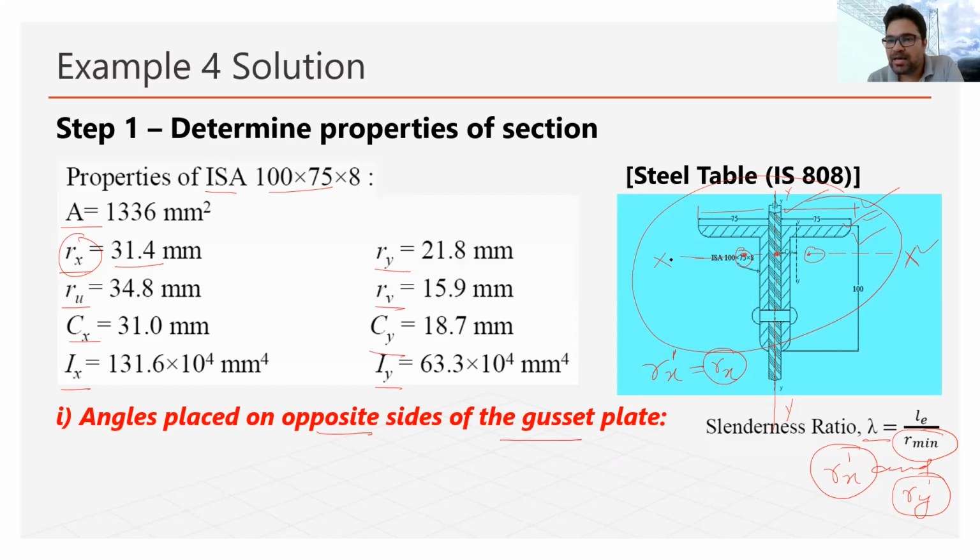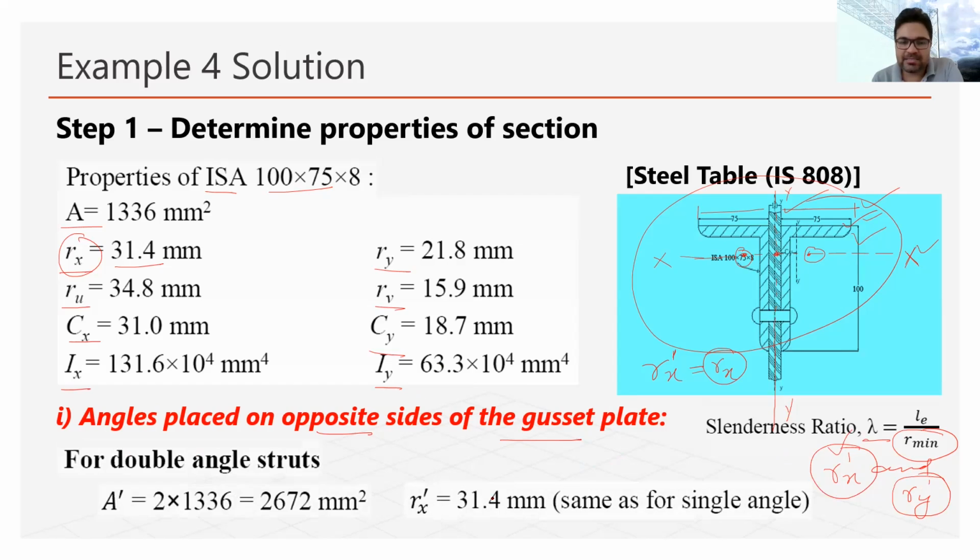In the x-axis, it is very easy to find because all three CG lie along the x-axis. That is why I have said that Rx dash will be the same, 31.4 mm, as for the single angle section. Why it is the same, I have just explained.